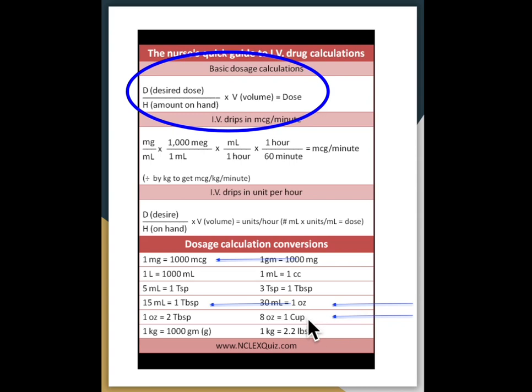A patient says they had 1 cup of coffee, then you know they had 8 ounces of coffee. And if 30 mils equals 1 ounce, then 30 mils times 8 ounces will give you 240 mils.